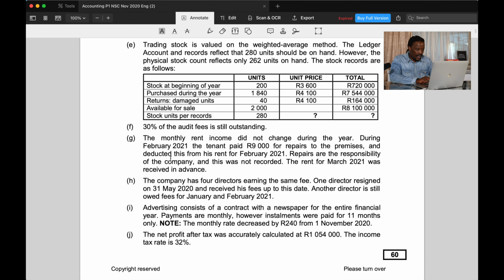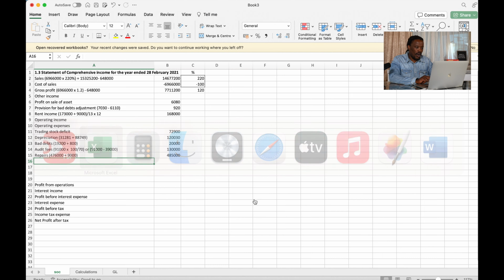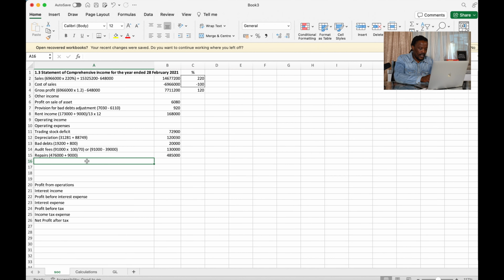Now we deal with adjustments. G, we are done. H, the company has 4 directors earning the same fee. One director resigned on 31 May and received his fees up to date. Another director is still owed fees for January and February 2021. Now, we speak of directors' fees.